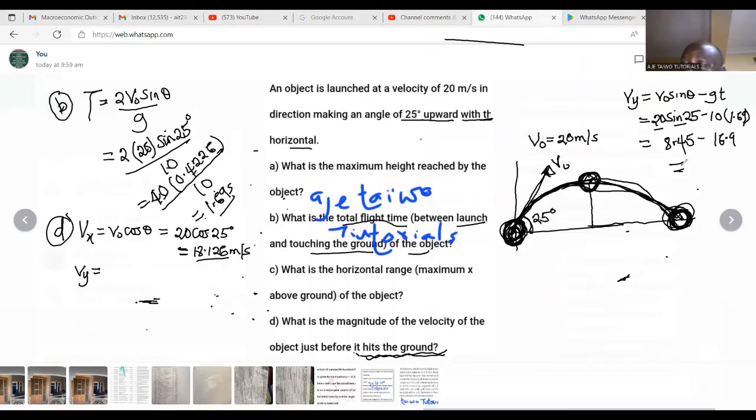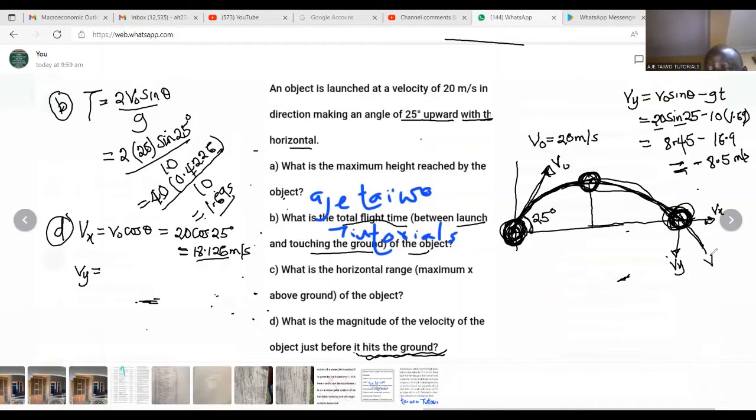So what's the final answer? 8.45 minus 16.9 is minus 8.5 meters per second. So that means you are here already. This is your Vx, this is your Vy, and this is the total V.